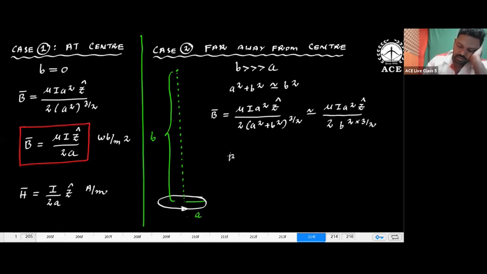So B is equal to μ into I into A square into Z cap divided by 2 into B cube.